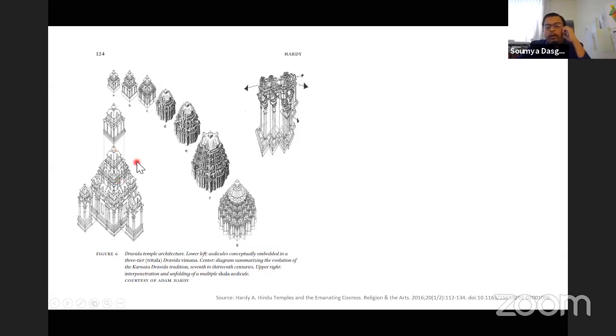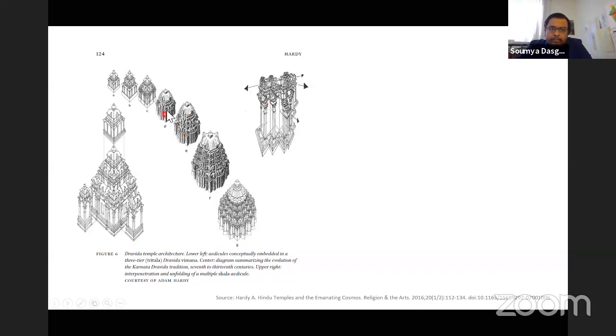And there is also a certain idea of movement. This is again Adam Hardy's interpretation. You can have your own interpretation. If you go and study Indian temples, I bet you will find 1,000 other things that historians have not found, because it's an evolving subject.